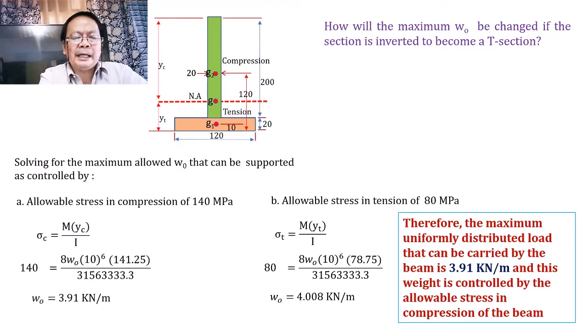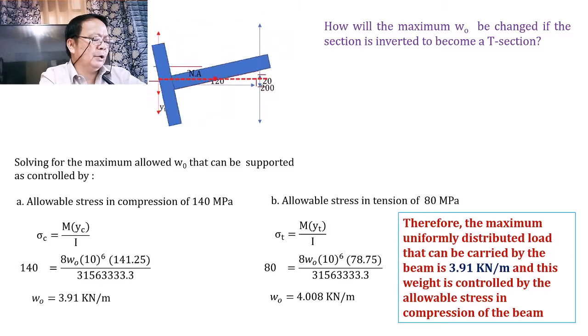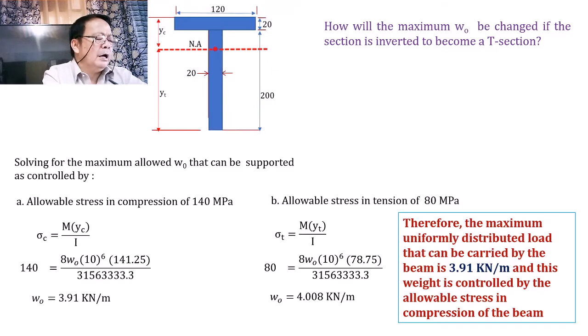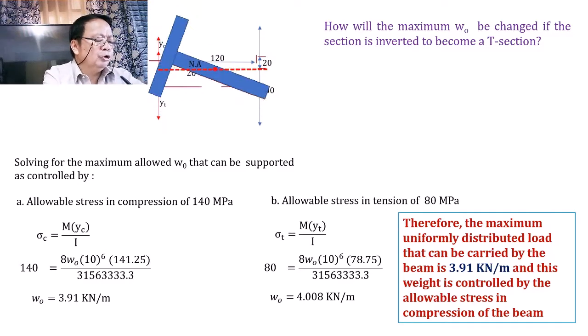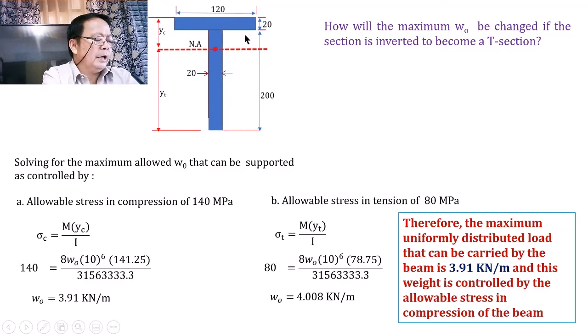Actually, this is what will happen, guys. Let us try to turn this T and see what happens. I gave it an animation so you can visualize it. So, we turned it. What is happening now? When we turn it, our neutral axis moves up, right? Our section is raised. And because the upper portion will remain subjected to compression, you would notice that our Y sub C became smaller and our Y sub T became larger.